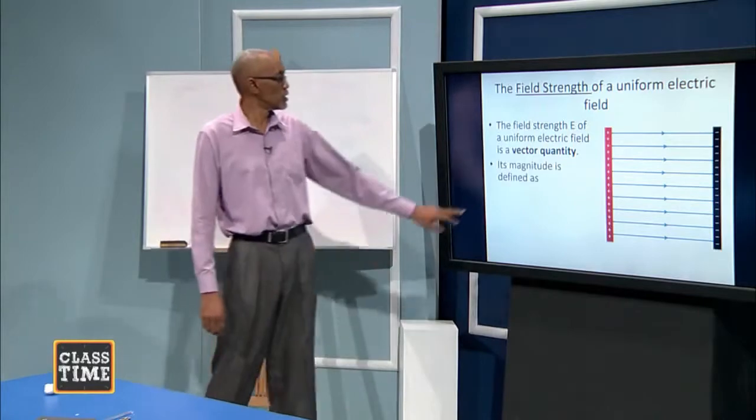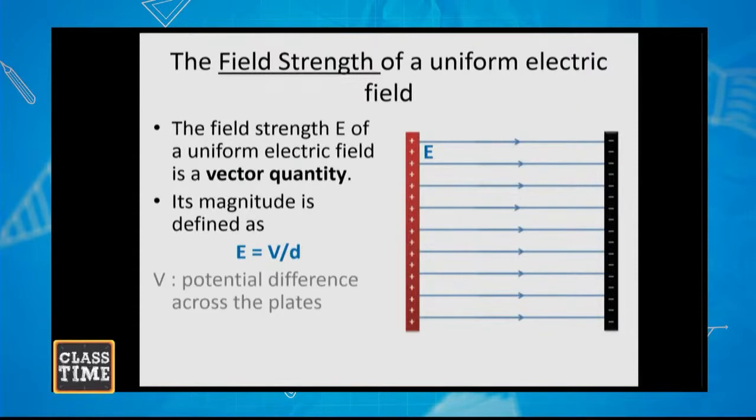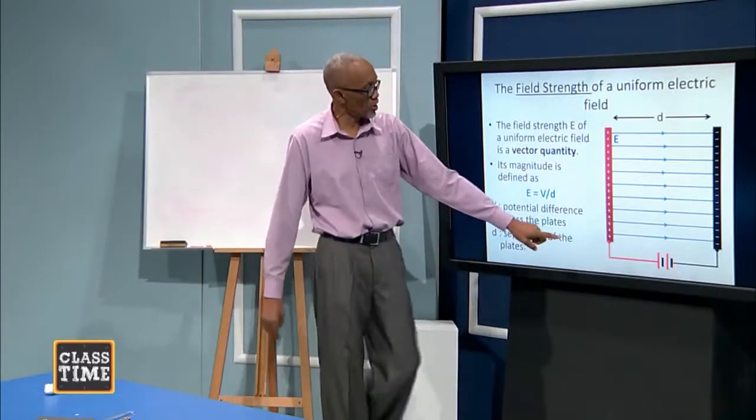Its magnitude is defined as E. We use the symbol capital E for the field, and that is equal to the potential difference divided by the separation of the plates. So here V is the potential difference and d is the separation of the plates.